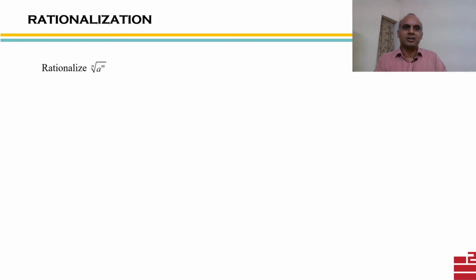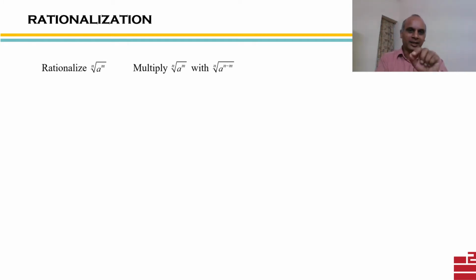Okay, in general, if I ask you to rationalize nth root of a to the power m, I'm assuming that m right now is less than n, then what do we get? What is the rationalizing factor of nth root of a to the power m? That will be nth root of a to the power n minus m. So if I multiply nth root of a to the power m with nth root of a to the power n minus m, the result is going to be a rational number.